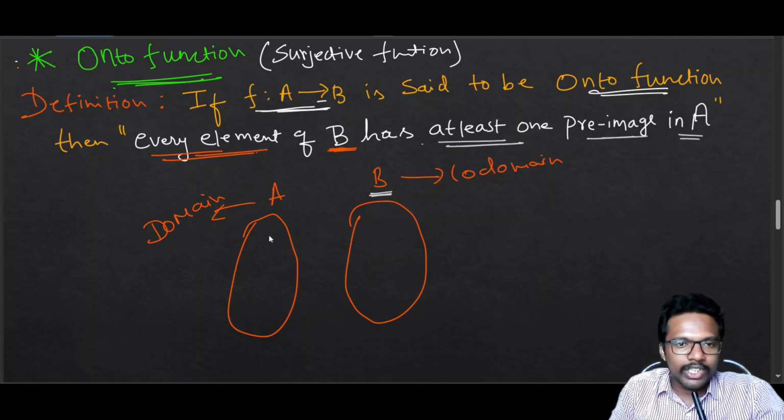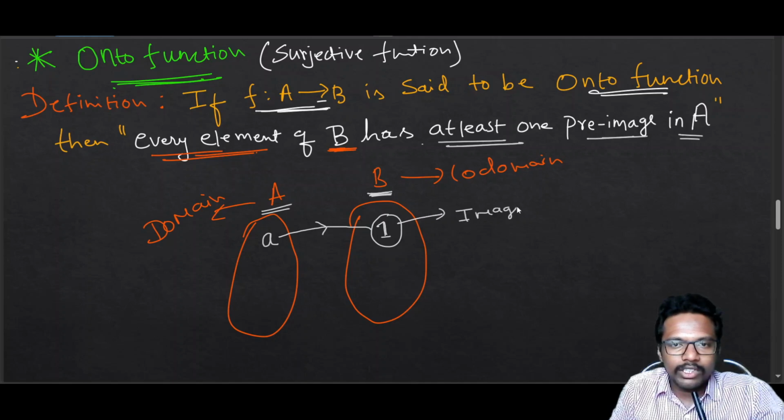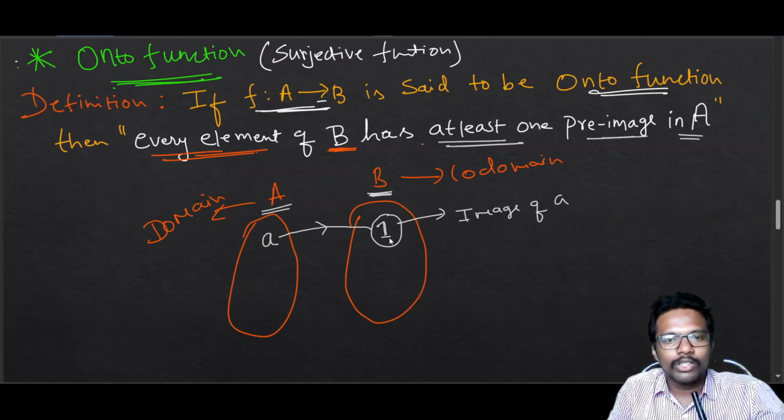Here, if I consider a in A and 1 in B, the relation starts with a and ends at 1, because a relation always starts from the domain and ends at the codomain. So a is related to 1. We call this 1 the image of a. It is the reflection of a.